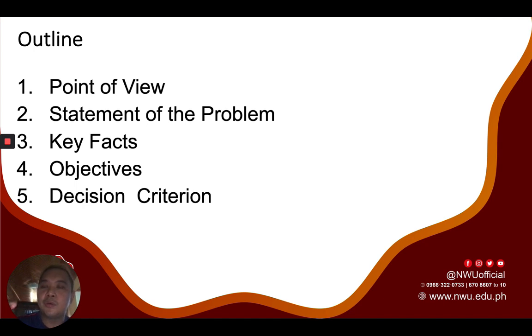So, you list down your objectives so that the reader of the case analysis would know what your objective or objectives are. Because dito na kayo magkakaiba ng mga classmates mo. Some of you would be focusing on cost. Some of you would be focusing on increasing market demand or increasing sales.